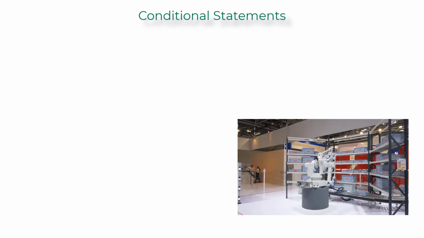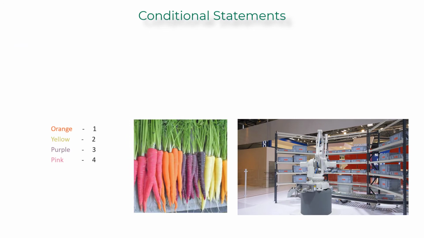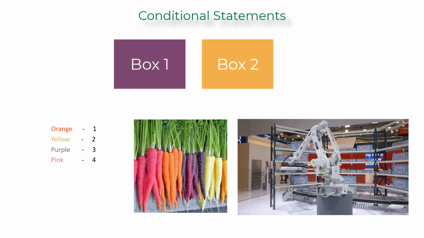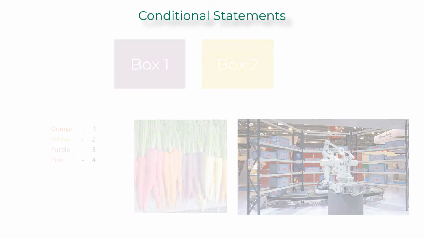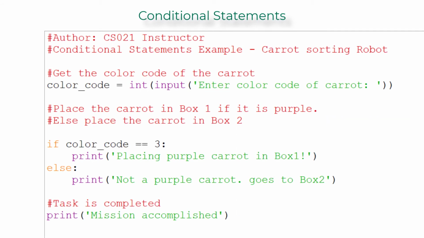Now let's move on to task 2, which puts the robot to work. If the carrot is purple, the robot places it in box 1, else it puts the carrot in box 2. Here is how you would write it. Right after the if statement and the code in its scope, you would add an else keyword, followed by a colon. When you press enter, the code is again indented, and whatever you write here will be in the scope of the else statement.